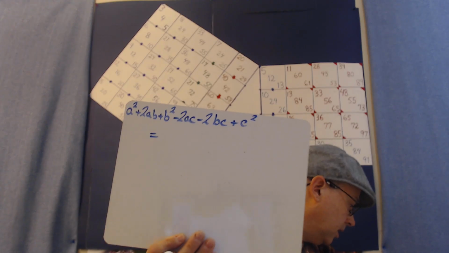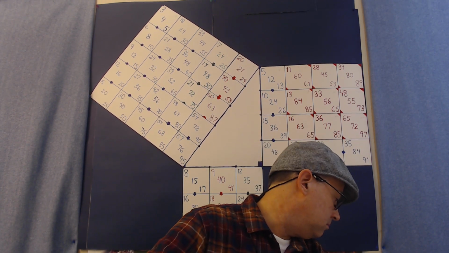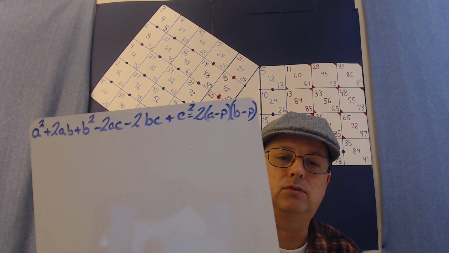And that's going to be equal to 2 times a minus p and p minus b. B minus p. Is that what I said? Of course that's what I said. All right, so there's how we have it so far.